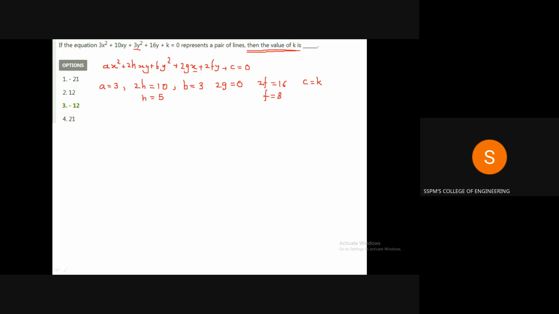Now we will see what is given. This whole equation represents a pair of lines.